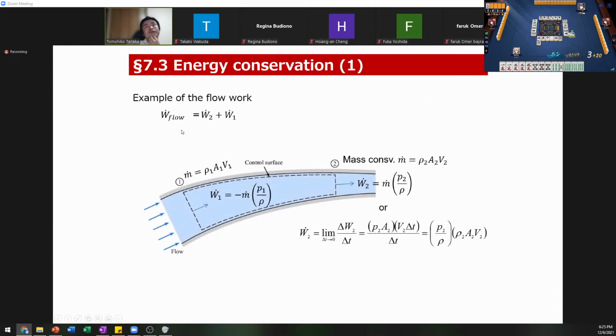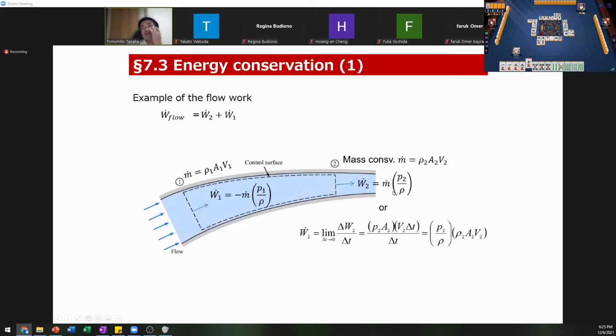So this is a kind of example, and the flow work can be divided into two parts, W2 plus W1 for the converging pipe case. And W1 equals m dot times P over rho, and also W2 is m dot times P over rho.